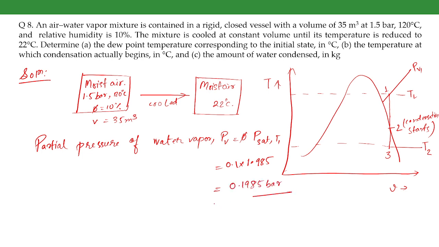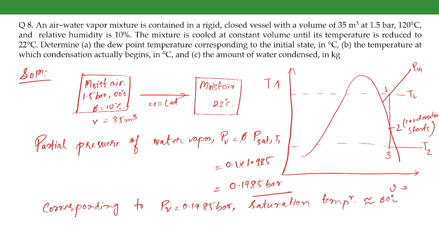So corresponding to PV equal to 0.1985 bar, the saturation temperature is nearly equal to 60 degrees Celsius.